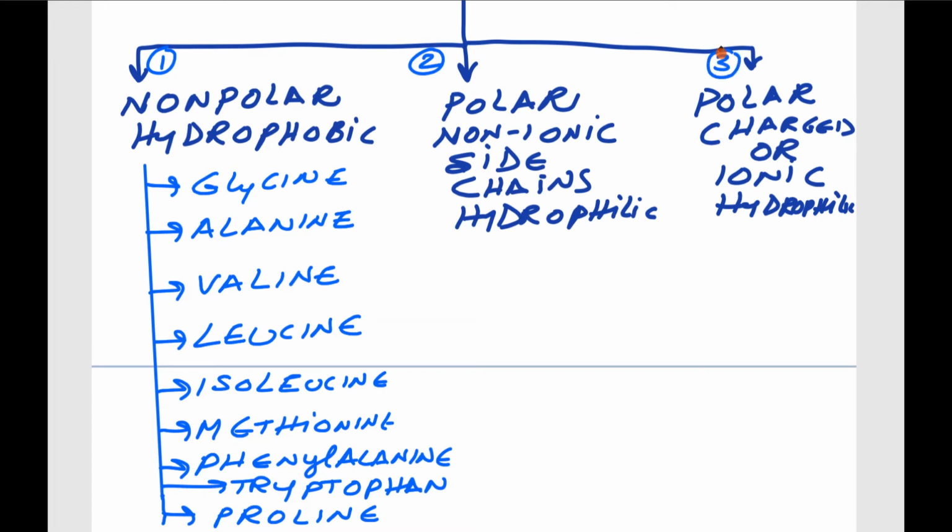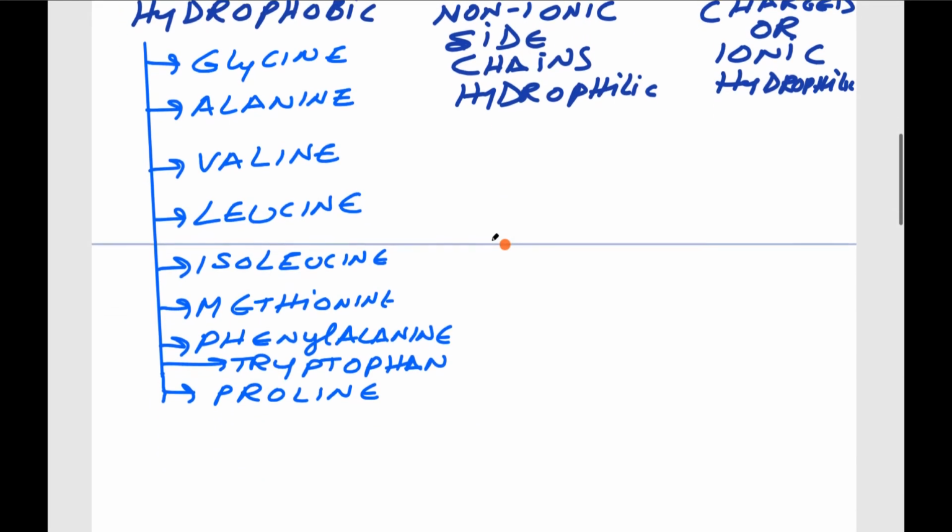Then polar non-ionic side chains, they are hydrophilic. Let us see what are the various amino acids under this group.